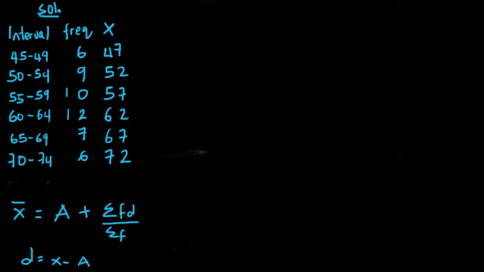Alright, now that we know our x, the next thing to calculate is our d. Remember, d is x minus assumed mean. In the question, we're told to take the assumed mean as 62.